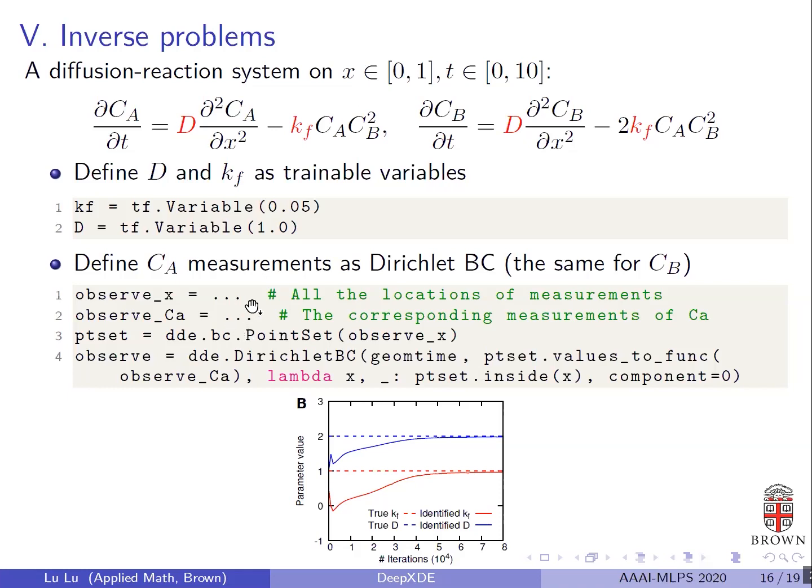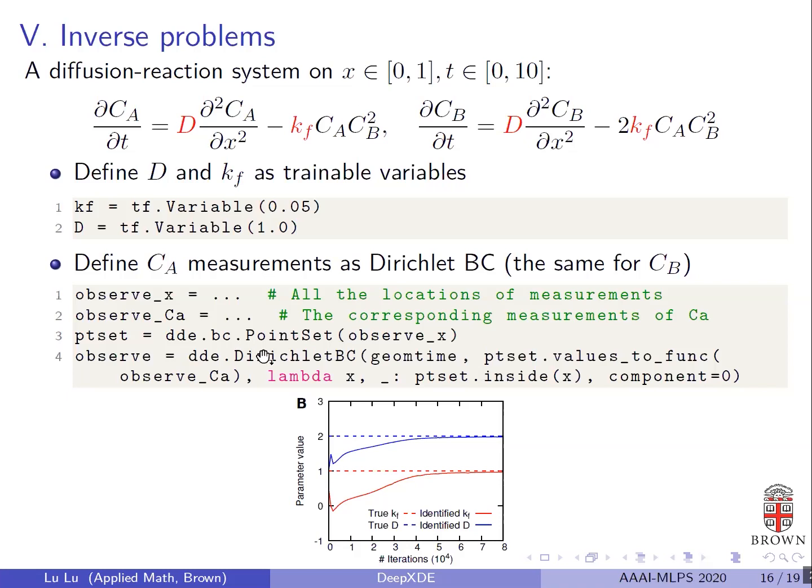In the second step, we need to input all the measurements into this framework. For example, we have some measurements for Ca, basically the concentration of this A component. We know the measurements of Ca at some locations, observe X, and the corresponding measurements, observe Ca. So these are our measurements. Then we use two extra lines to define these measurements as a special type of initial boundary condition.